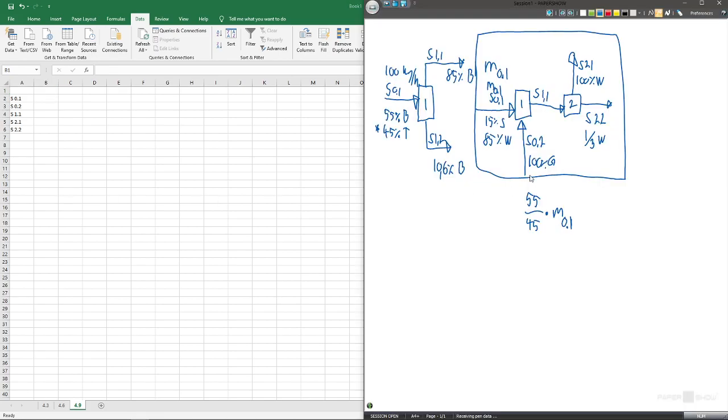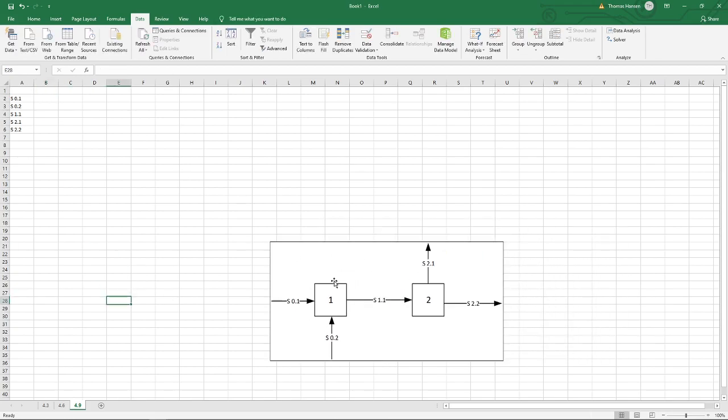Did they end up looking mostly the same? Yeah, so I have the sketch of the system here just so we know which streams are which. And again, we have our total, our solids, our water, and our glucose. And then we have our percentage of solids, our percentage of water, and our percentage of glucose.